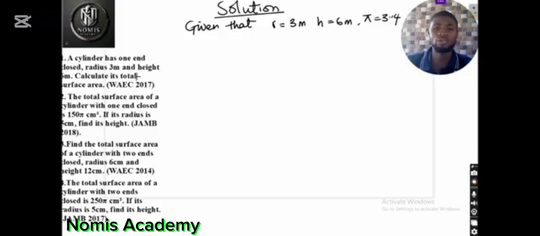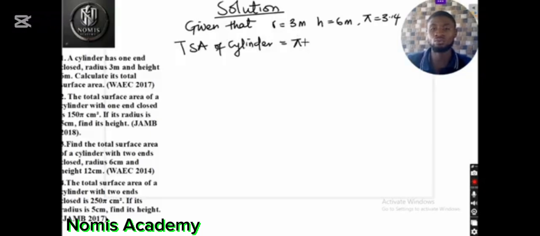Since the question has made it clear to us that one end is closed, then the total surface area of such a cylinder, which has one end closed, is equal to pi r squared plus 2 pi RH.